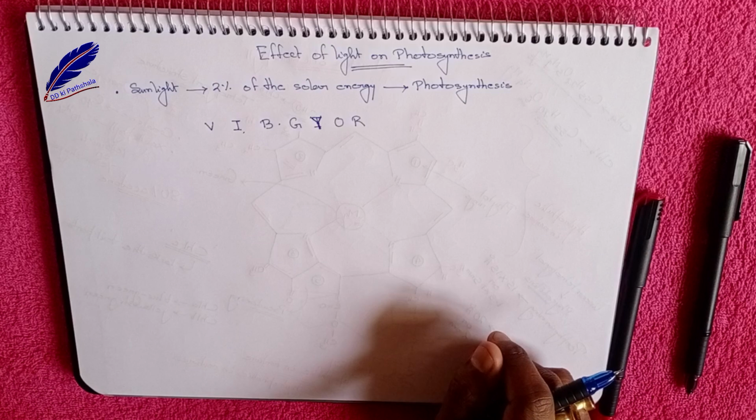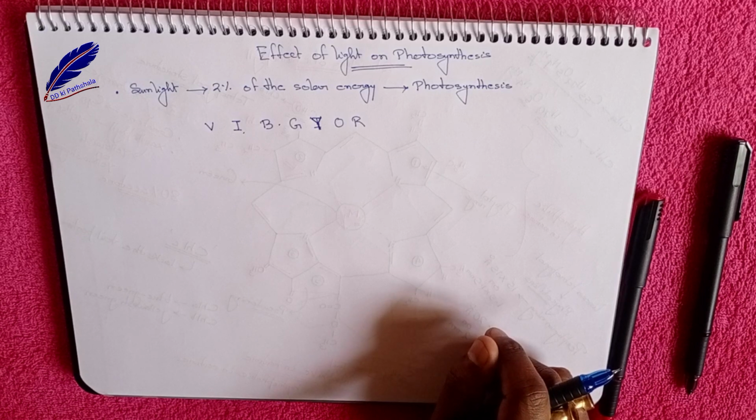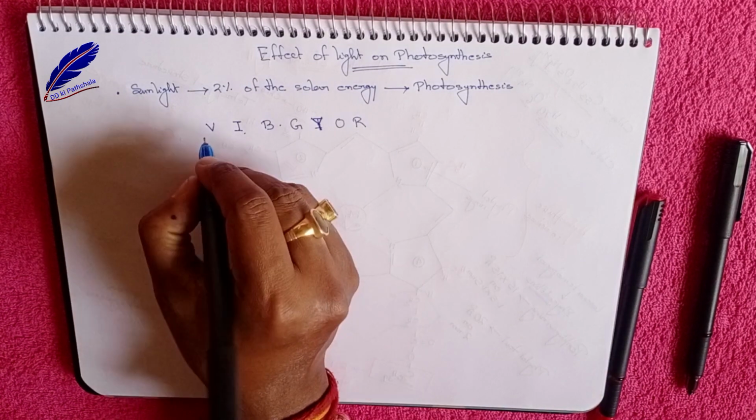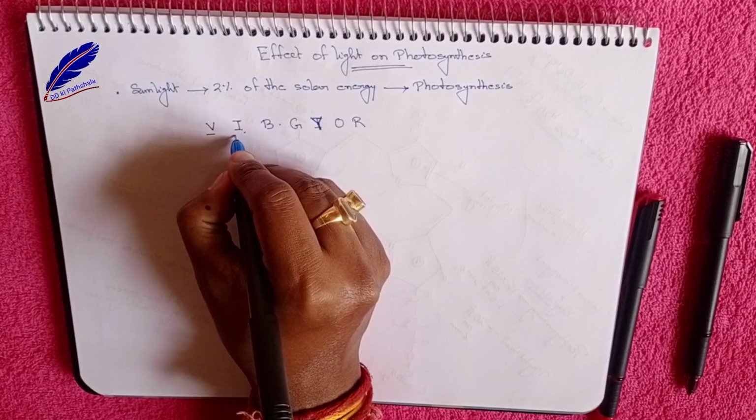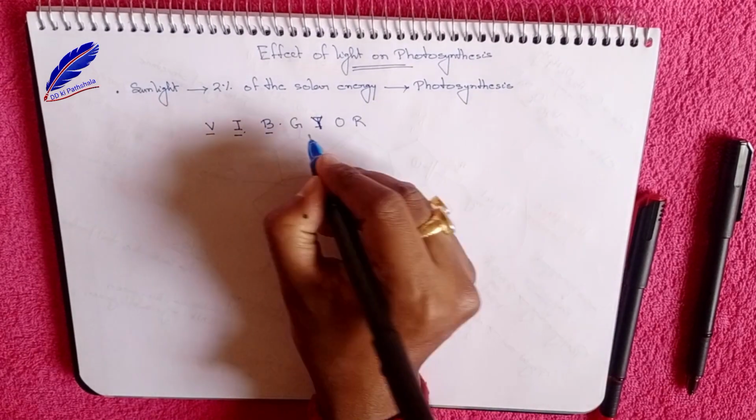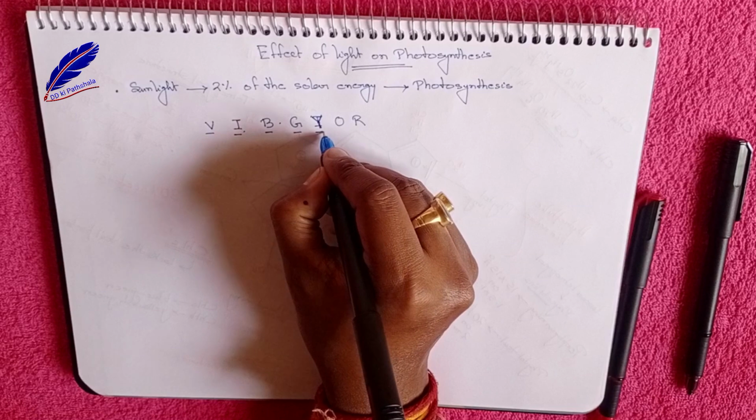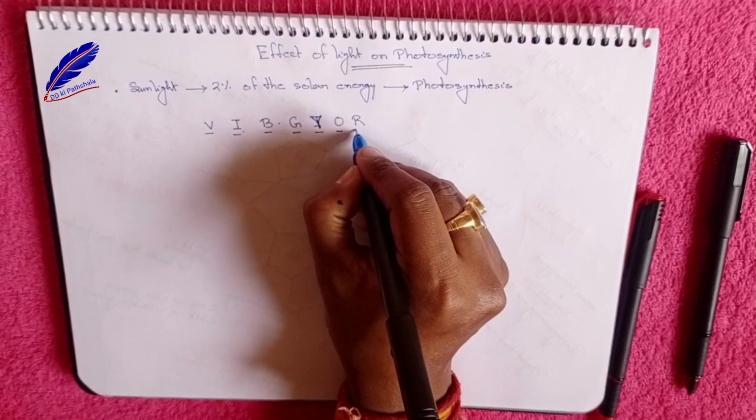So these are the 7 monochromatic lights that amalgamate among each other and ultimately radiate as the visible spectrum of light, that is violet, indigo, blue, green, yellow, orange and red.